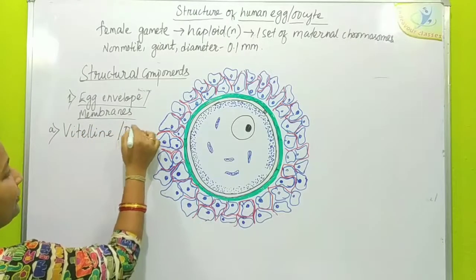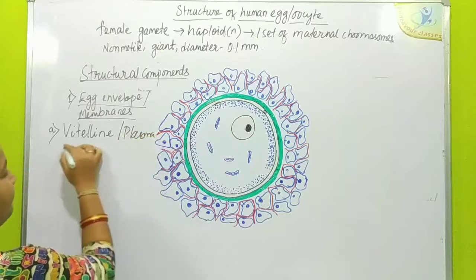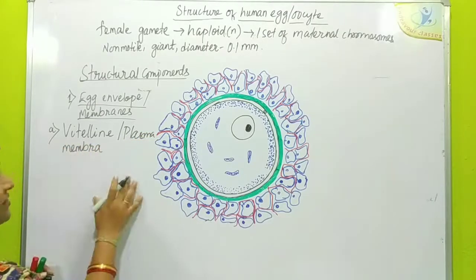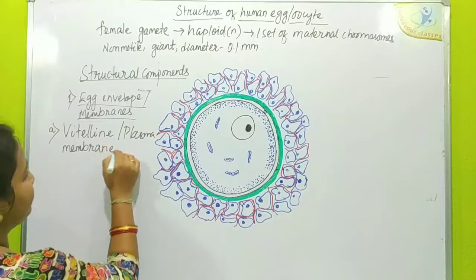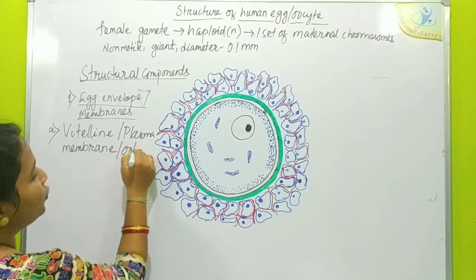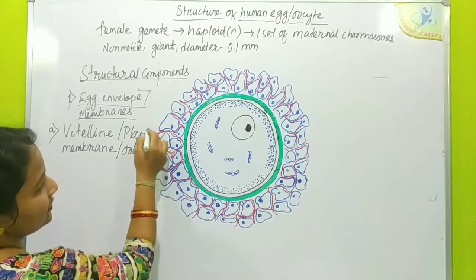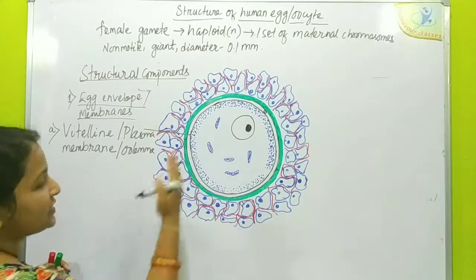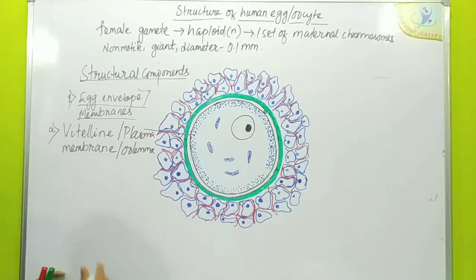That means the plasma membrane in the egg is called the vitelline membrane, or the oolemma. So this is the vitelline membrane, which is outermost to the cytoplasm.